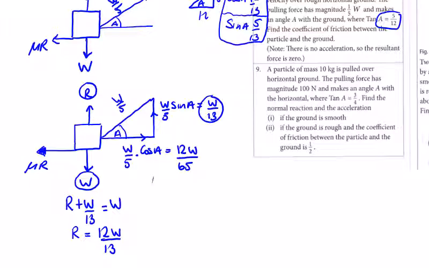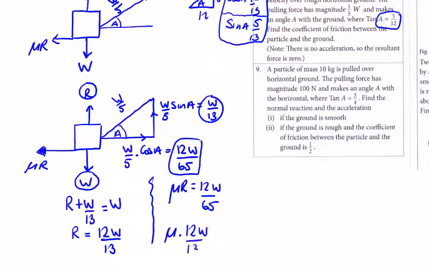And we also have mu R is equal to this direction here, 12W/65. So if I fill in my R, I'm going to get mu times 12W/13 is equal to 12W/65.